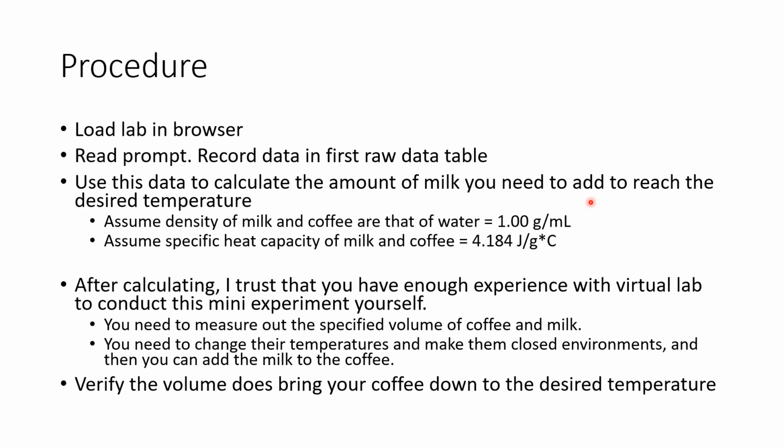That volume will be the amount you need to make the coffee at that very specific temperature that is being asked for. You're going to assume the density of the milk and coffee are that of water, which is 1 gram per mL. You're going to assume the specific heat capacity of milk and coffee are also that of water, which is 4.184. After calculating is when you start doing your lab.